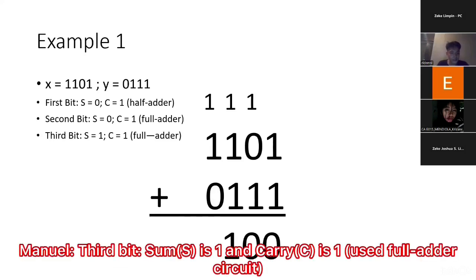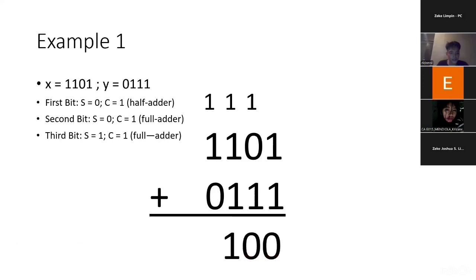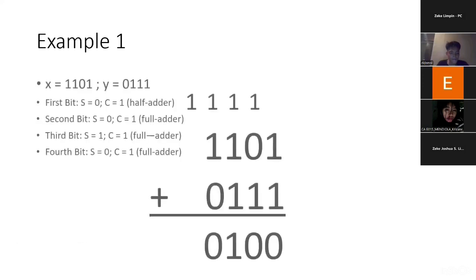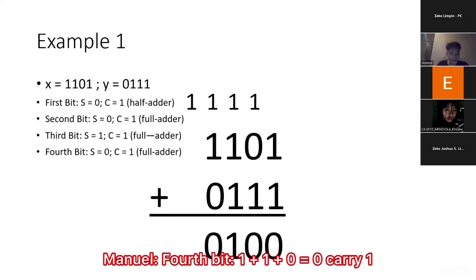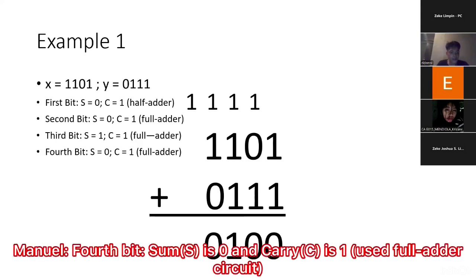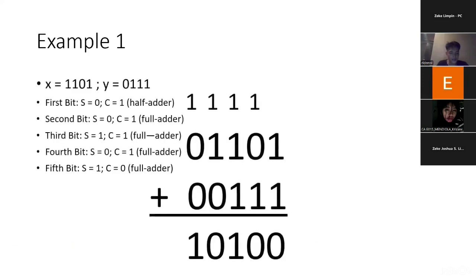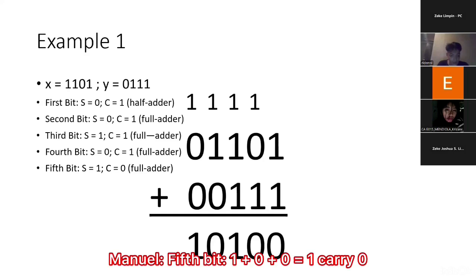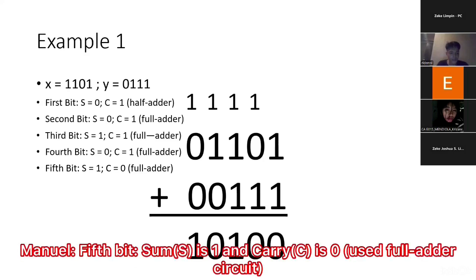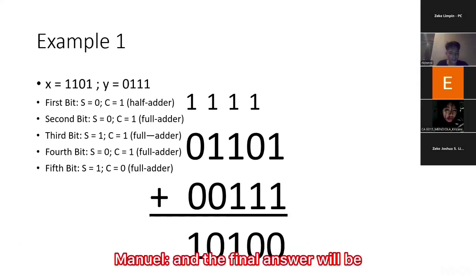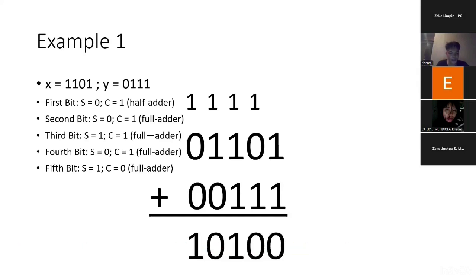Third bit, sum is 1, carry out 1, full adder. Next, 1 plus 1 plus 0 is equal to 0, carry out 1. In fourth bit, sum is 0, carry out 1, full adder. Lastly, 1 plus 0 equals 1. In fifth bit, sum is 1, carry out 0, full adder. And the final answer is 10100.